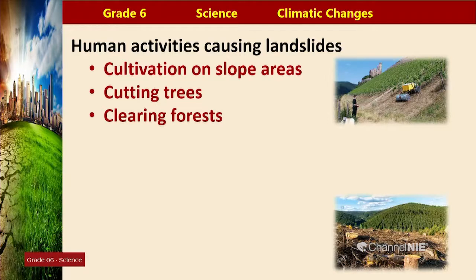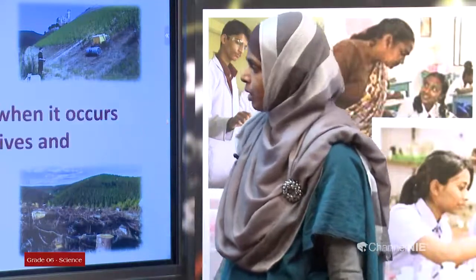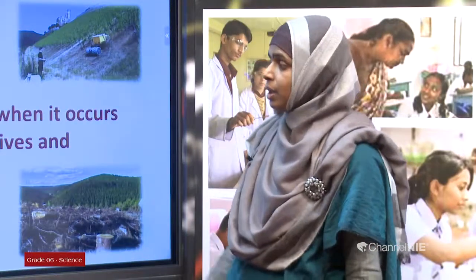But clearing of forests and cutting trees can make, even from a small rain, all the soil get removed and moved down. Clearing of forests, especially in the slope areas, if forests are cleared, that area will be landslide prone, right? And it can be a disaster.